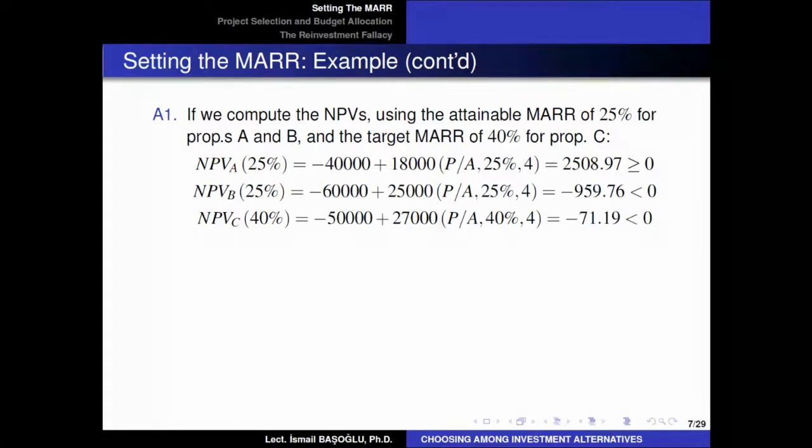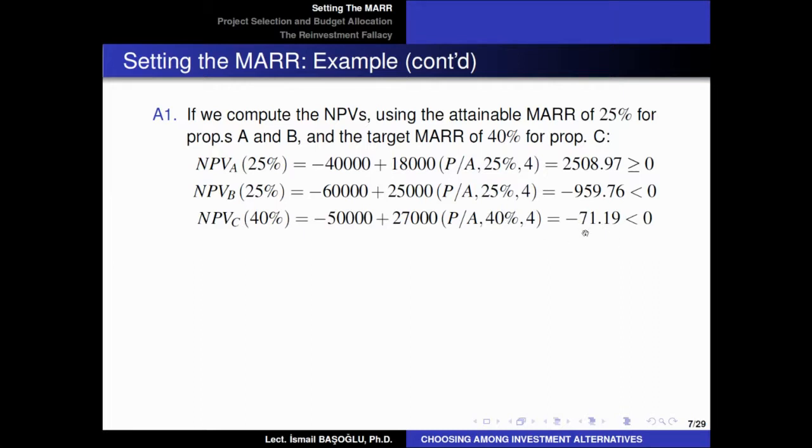And when we evaluate the present value of the last project under 40% interest rate, that is going to be the initial investment in negative values plus the future revenues for 4 years multiplied with the uniform series present worth factor under 40% interest rate this time for 4 years. And the net present value is barely negative.